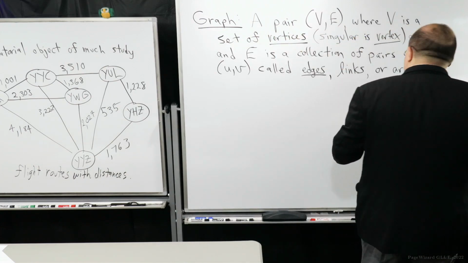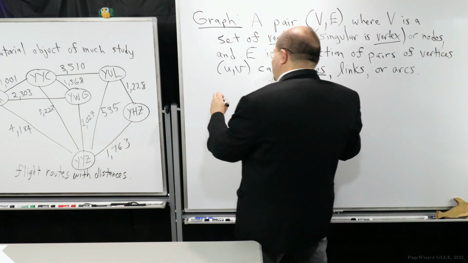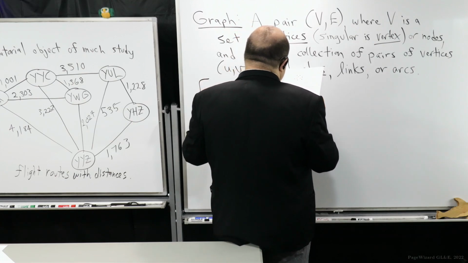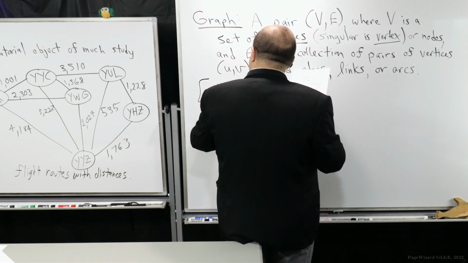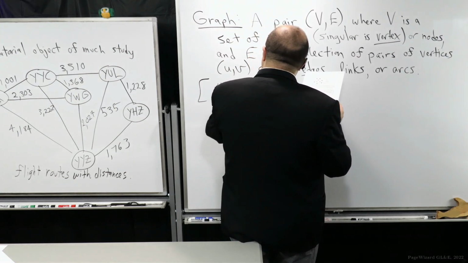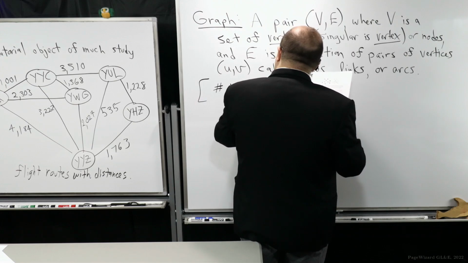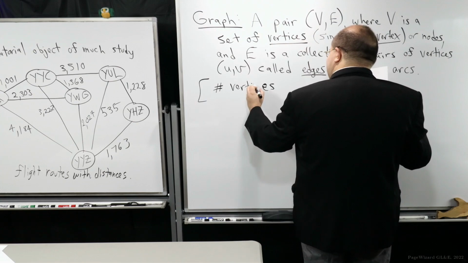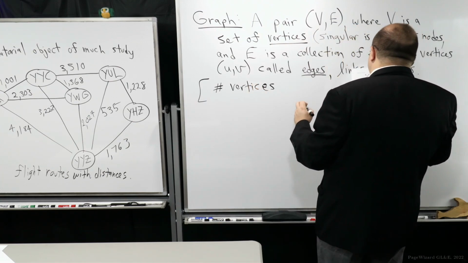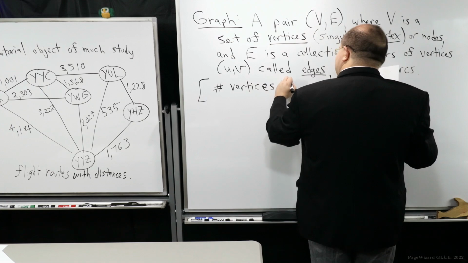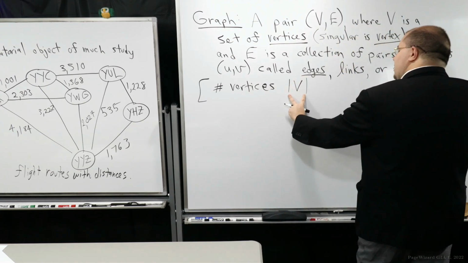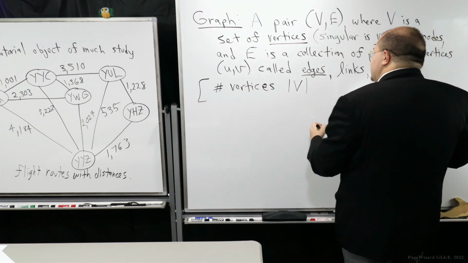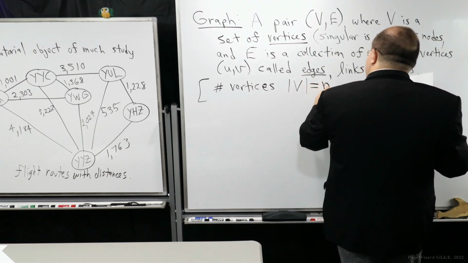One other thing is a convention for our discussions here, to abbreviate some discussion. The number of vertices in a graph, which we can denote with the cardinality sign, which means the number of elements in this set, we're going to write as n.